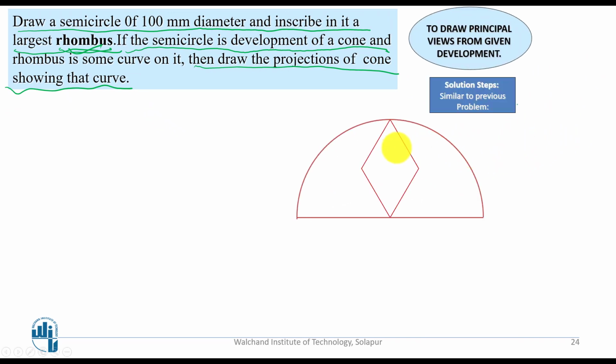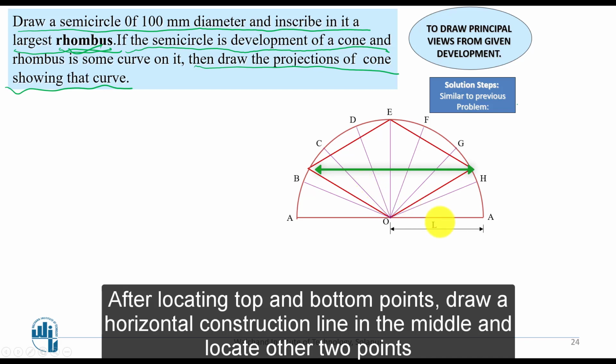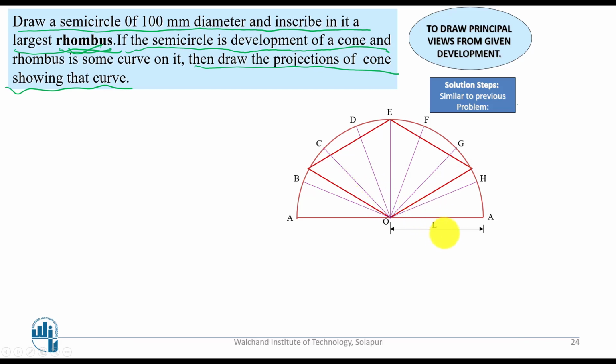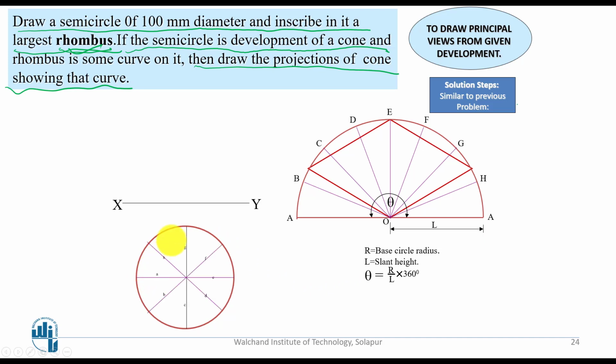This is the solution. You have drawn this as a rhombus in the semicircle. Divide the semicircle into 8 equal parts. Then, as in the previous problem, this is L and you consider theta is equal to R upon L into 360. You are going to get the R value from this equation. That R you have to draw as this circle.